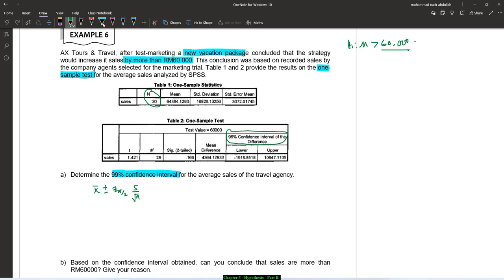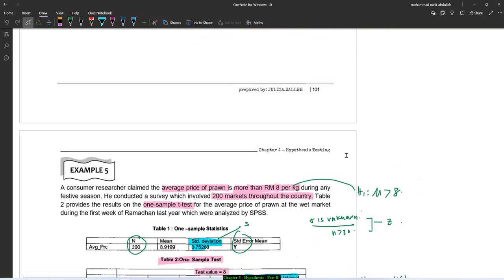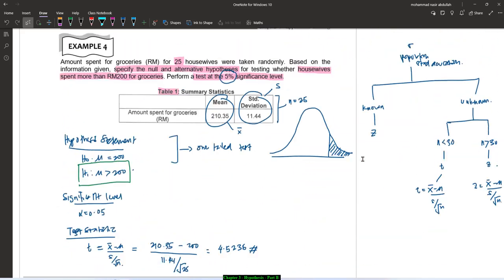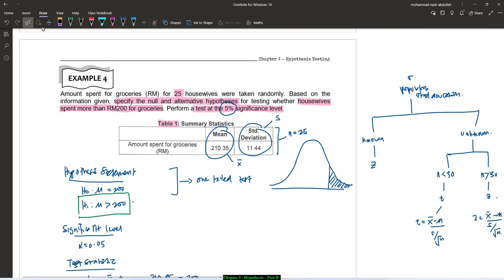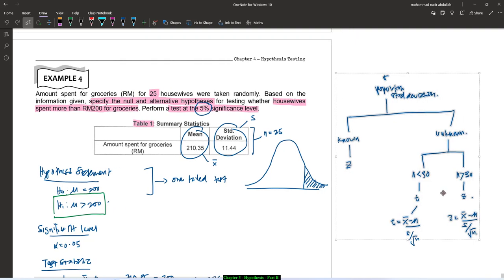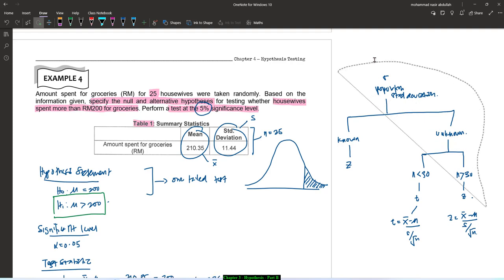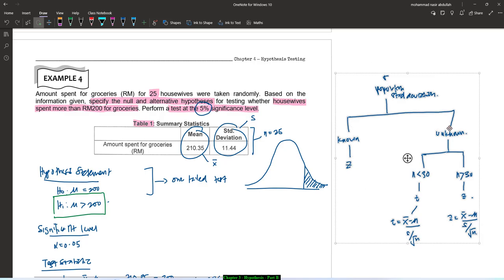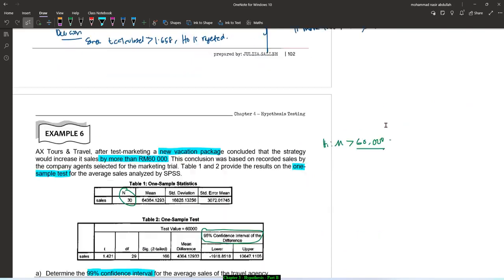Remember the table tadi, I copy balik. This one is very important, you need to understand. So let me copy and paste here.